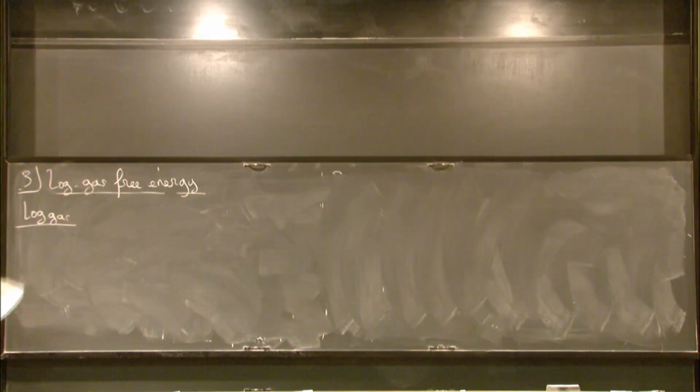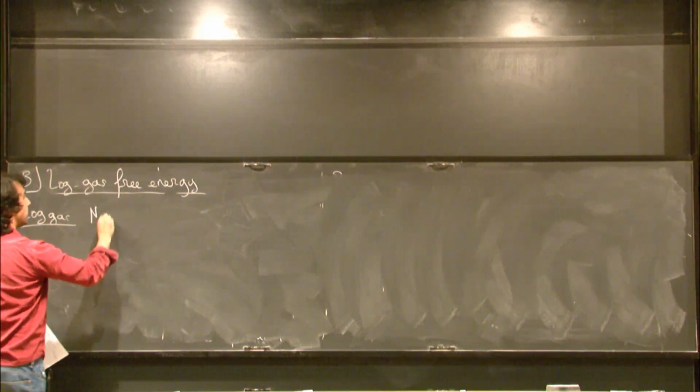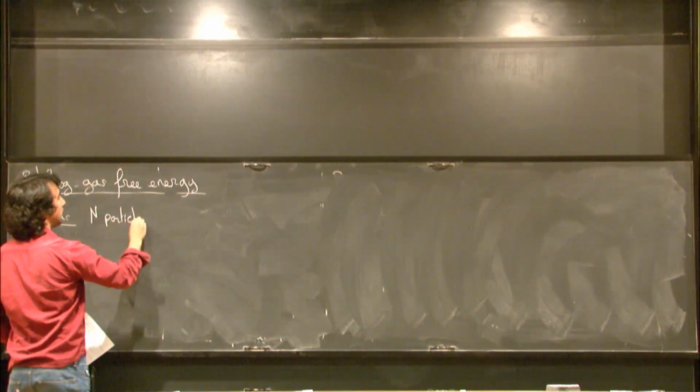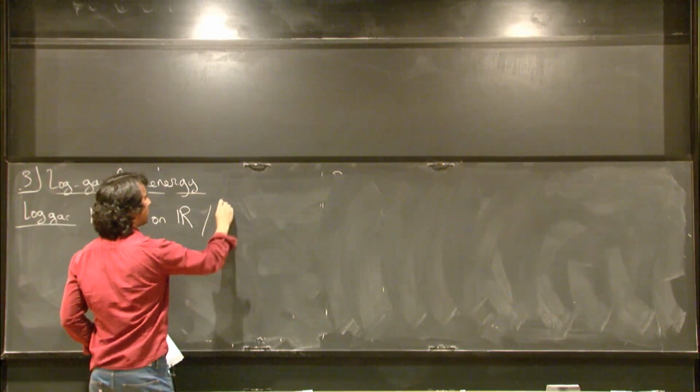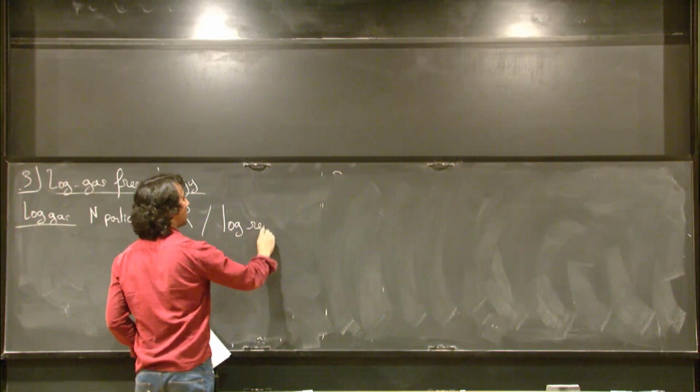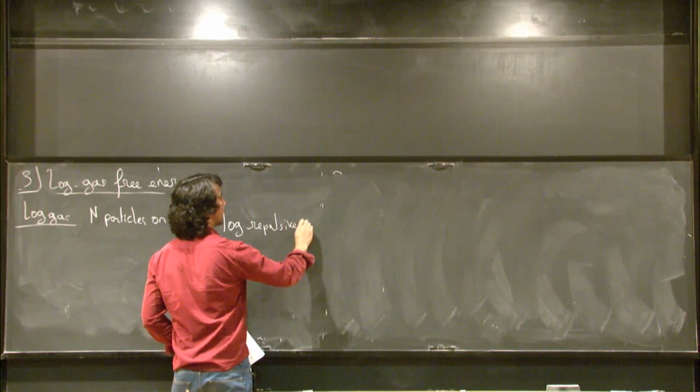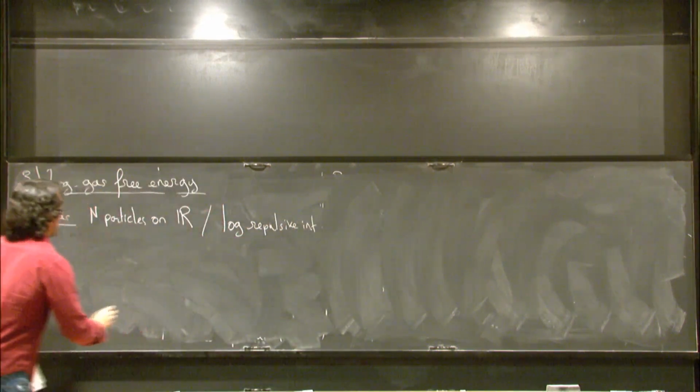So the log gas is a system of statistical physics, if you want, with n particles on the line. And they have a logarithmic repulsive interaction. What do I mean by that?